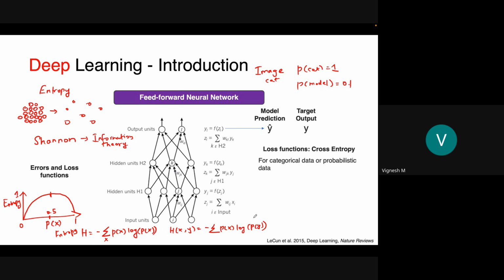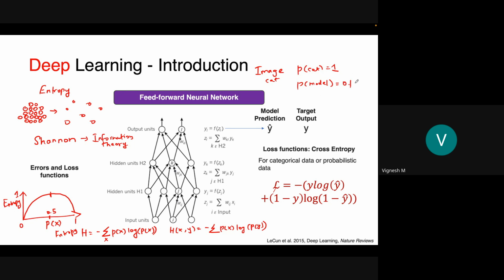This is how you do it. It is nothing but the same thing, just written for the binary case, right? y into log of y hat plus 1 minus y into log of 1 minus y hat. That means, let's take the case where the model is close to 1 first.